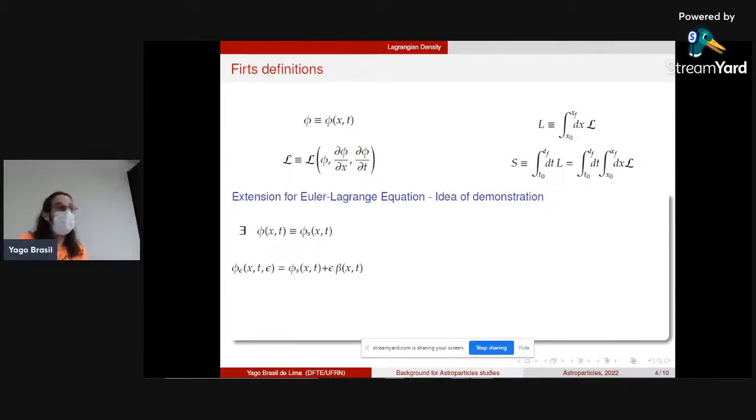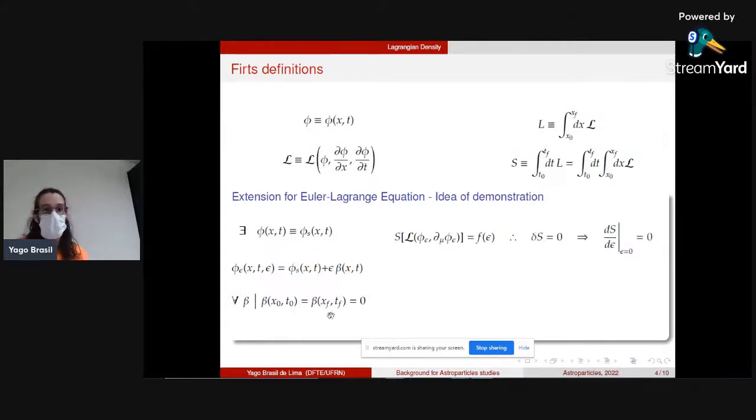So I will define another field that is a tiny perturbation of my stationary field. And that field will be my stationary field plus a tiny perturbation epsilon times a generic field, beta, that has to obey the boundary conditions. So when I put that phi_epsilon in my Lagrangian density and compute the action, I will find a function that depends on epsilon.